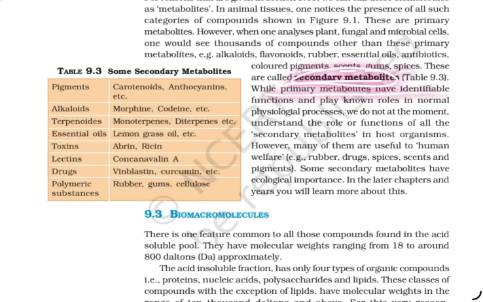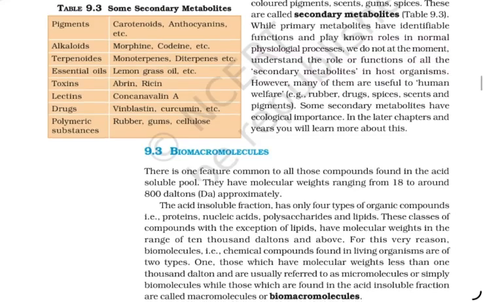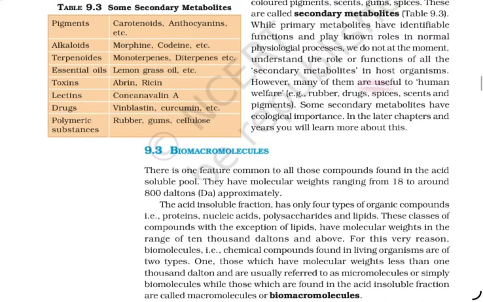While the primary metabolites have identifiable functions and play a role in normal physiological processes, we do not at the moment understand the roles of all the secondary metabolites in the host organisms. However, many of them are useful to human welfare: rubber, drugs, spices, scents and pigments. Some secondary metabolites have ecological importance.